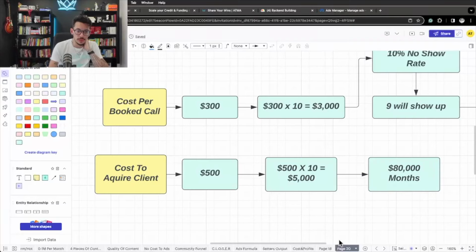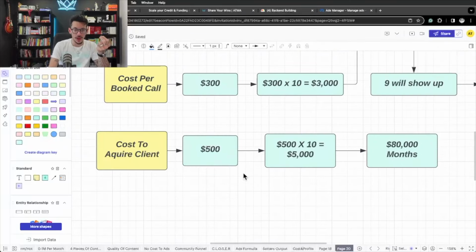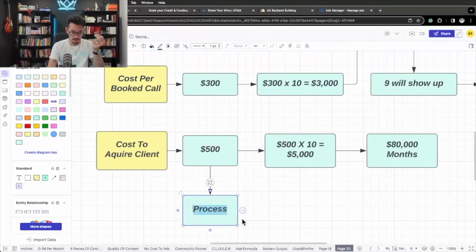So it's really simple as that. And one of the goals should be to then start spending your cost per book call daily on ad spend. So let's say if you want to get multiple sales a day, if you want to get 2 sales a day, right? What I would do is start spending pretty much $1,000 a day.